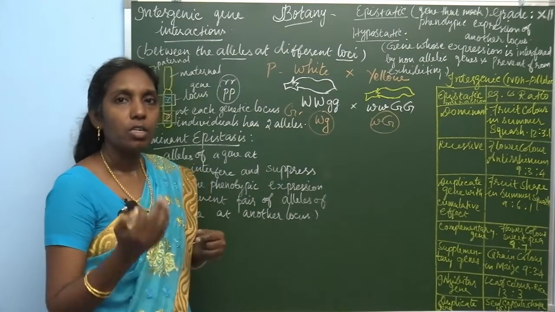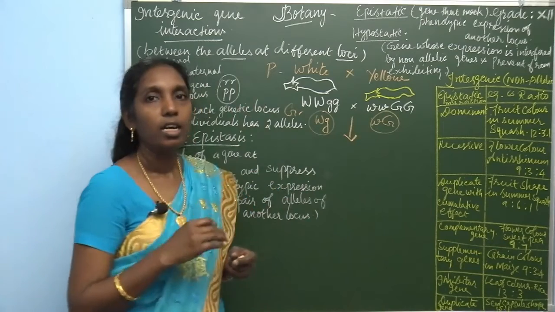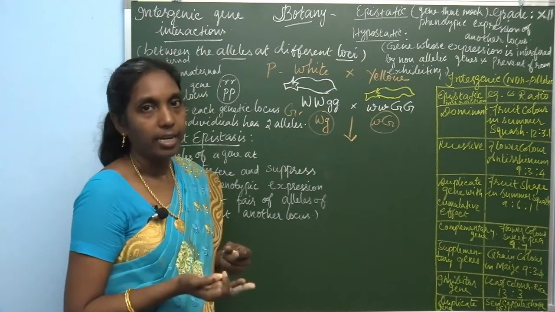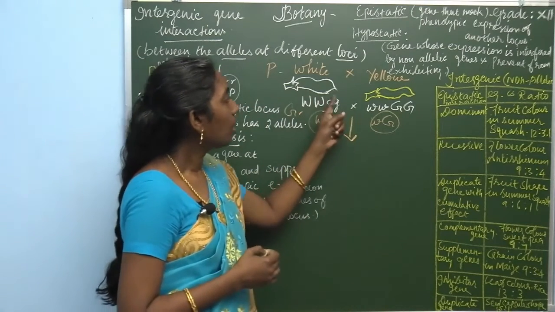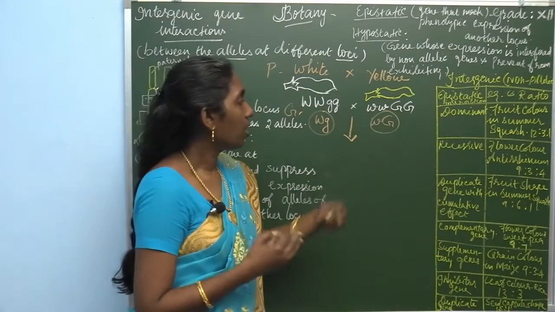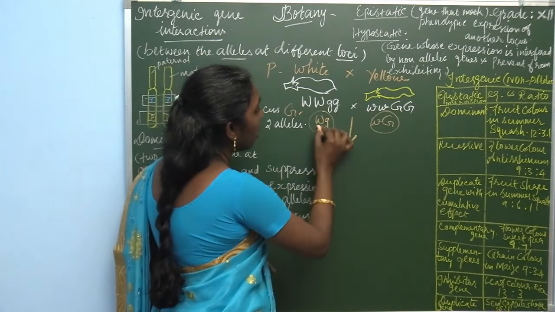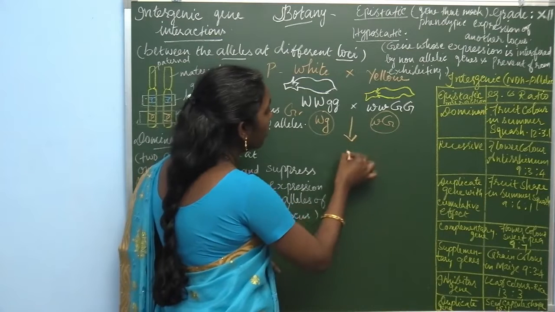So when you make a cross between these two, the F1 generation gives a heterozygous hybrid. These are the parents, the white color fruit and the yellow color fruit. When you cross these two, it gives capital W, small w, capital G, small g.